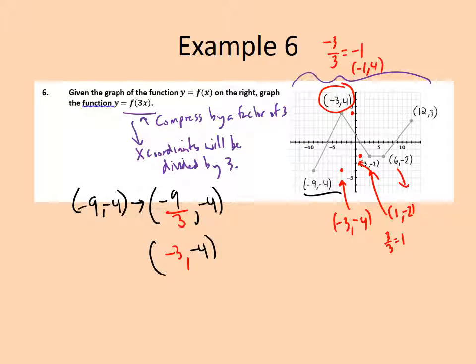Our 6, -2 becomes 6 divided by 3, which is 2. So our new coordinate is 2, -2. And then our 12, 3 becomes 12 divided by 3, which is 4. So our new coordinate is 4, 3.